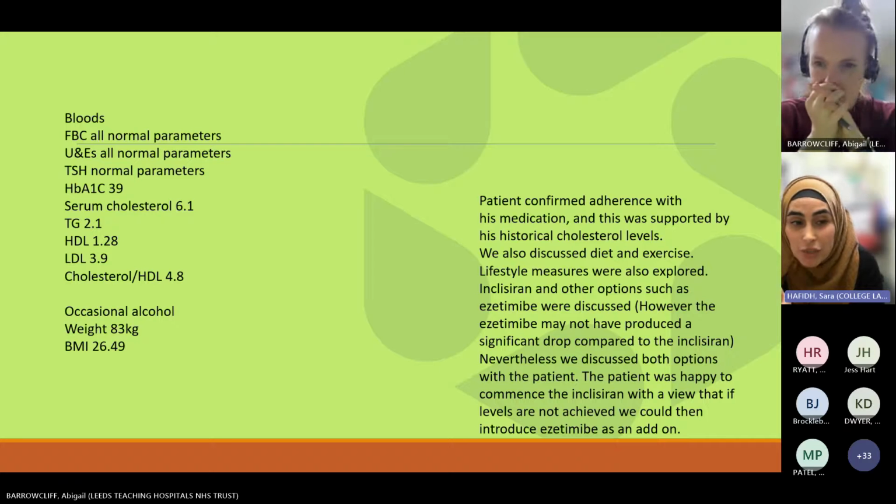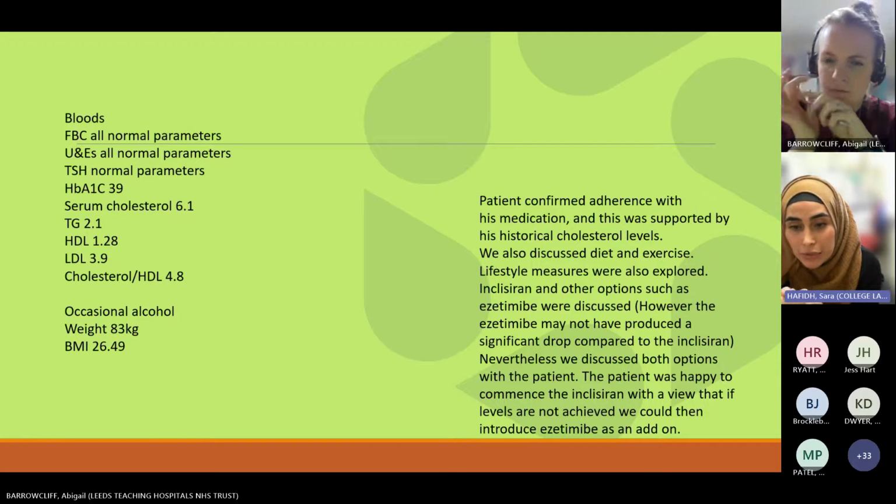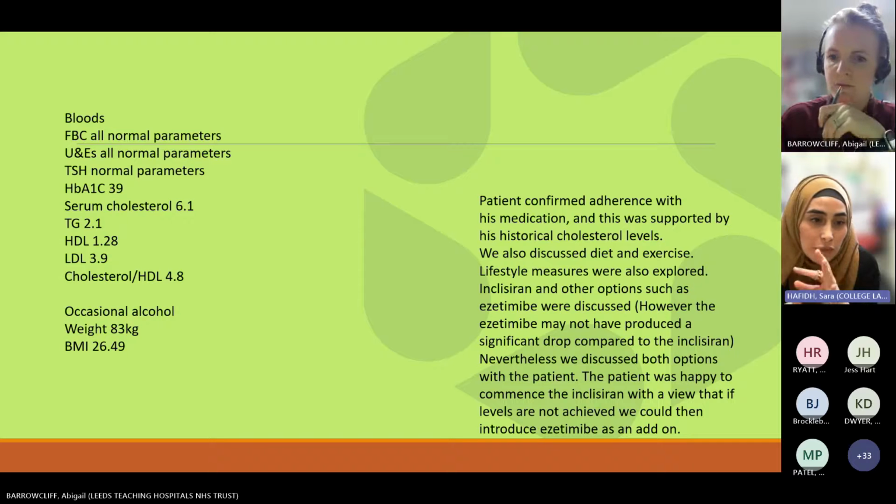We then discussed options in terms of managing his cholesterol. We know he's on atorvastatin 80 milligrams, so bempedoic acid is not an option because of the high intensity statin. We then explored ezetimibe and inclisiran. With LDL at 3.9, it is quite a big jump to getting it to less than 1.8.